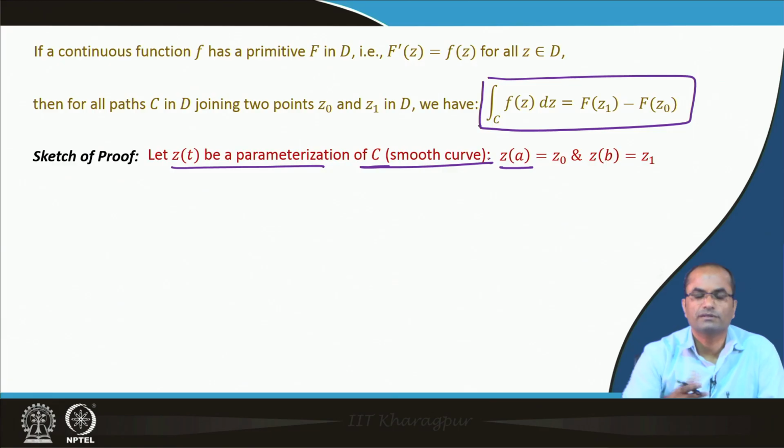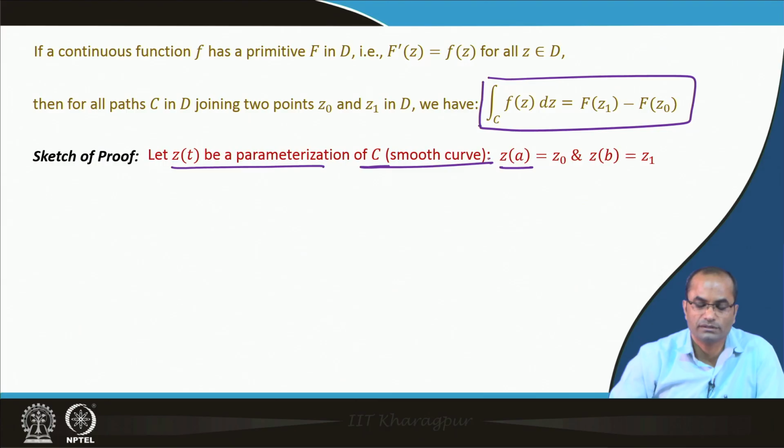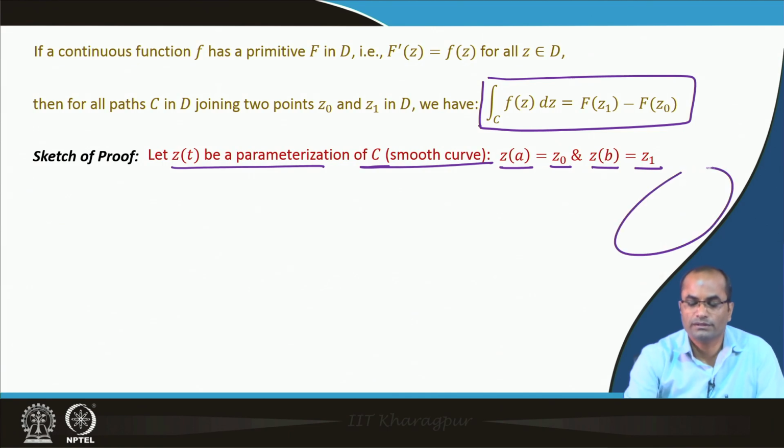We are restricting to smooth curves, but this can be done for piecewise smooth curves too. So, z(a) is the initial point z 0 and z(b) is the point z 1. We have two points in the domain, z 0 and z 1, and a parameterized equation for the curve; any curve can be taken here, given by z(t).